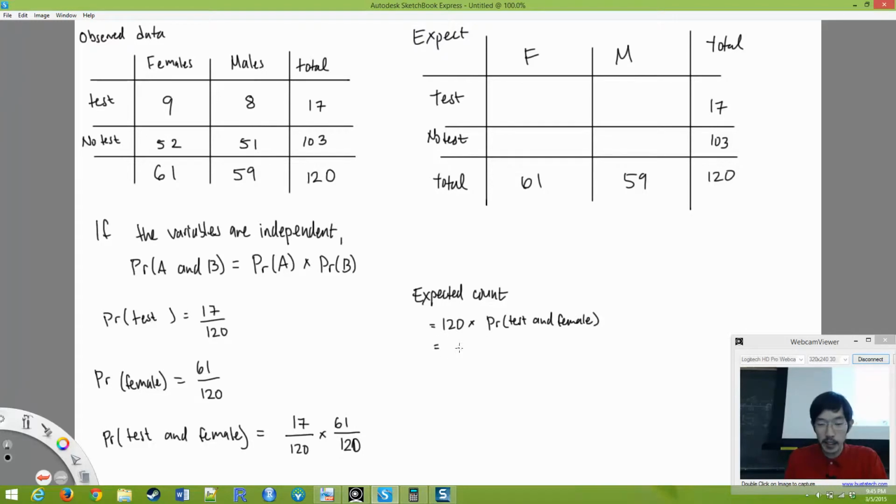So my expected count would be 120, and I'm purposely leaving everything as a fraction here, times 17 over 120 times 61 over 120.